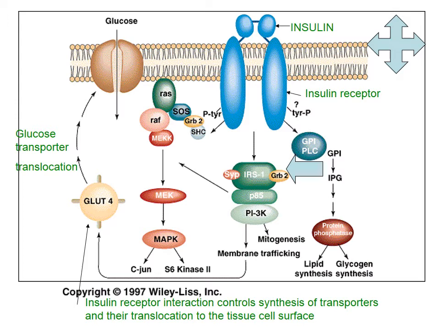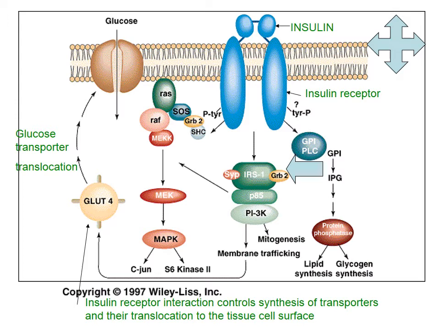Now, if you look at other arrows coming off of IRS1, you see activation of something called the MAP kinase pathway, which is involved in cell growth and mitogenesis. And you also see effects on glycogen synthesis and lipid synthesis, and those effects in particular being stimulated by insulin.